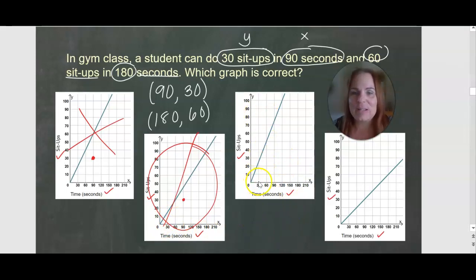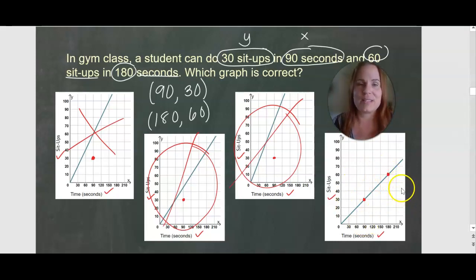And then let's look at the third one, 90 to the right and 30 up. Nope. And then 90 to the right and 30 up. Of course, the last one, right? And then the other point should be there too. 180 to the right and 60 up, and there it is. So this last answer choice is the correct graph.